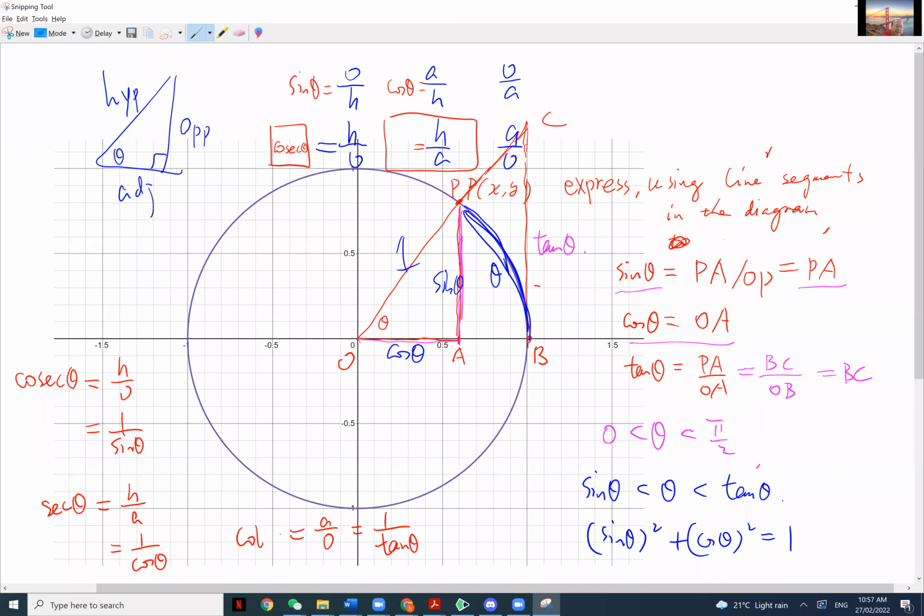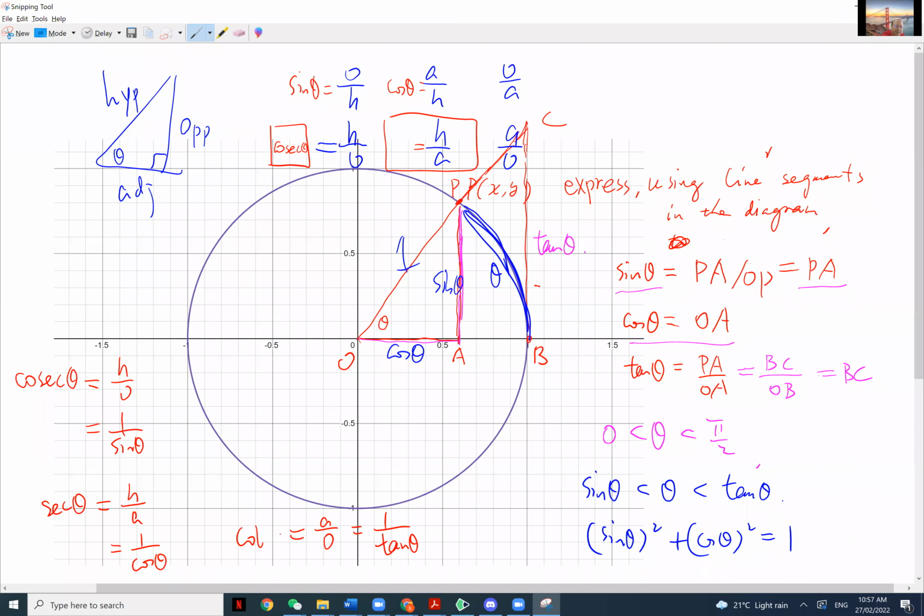Hey, let's check what I'm going to ask you. We still use the diagram here.